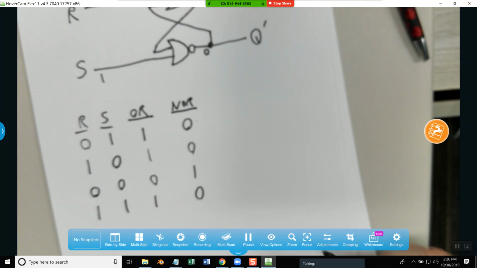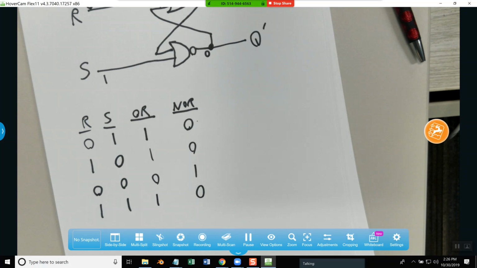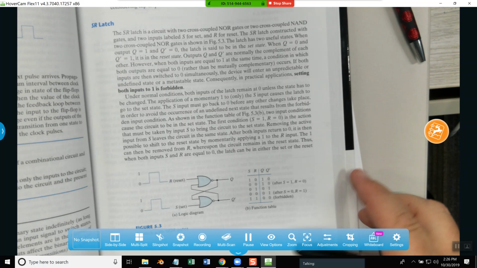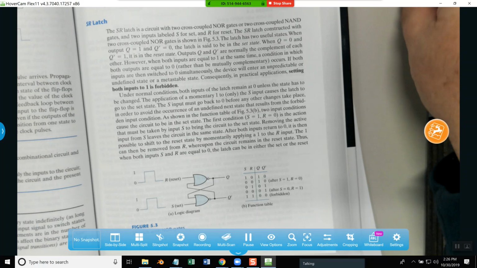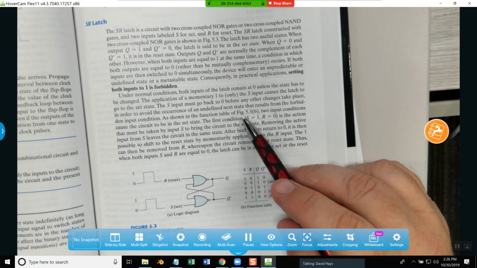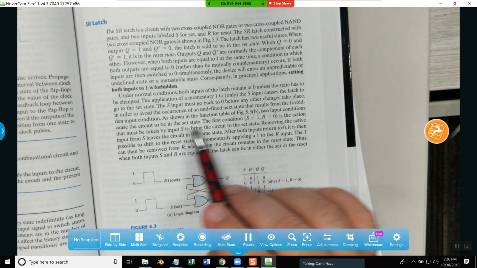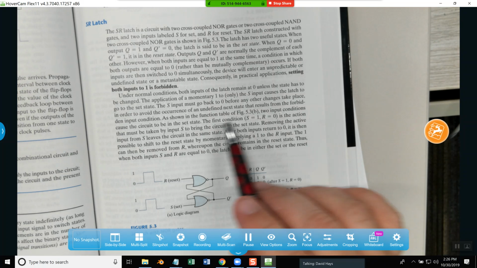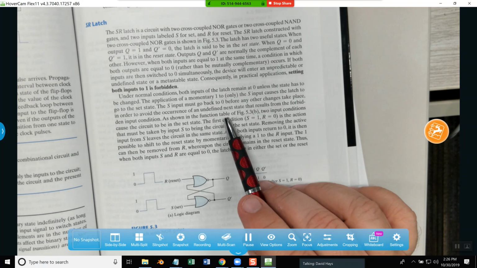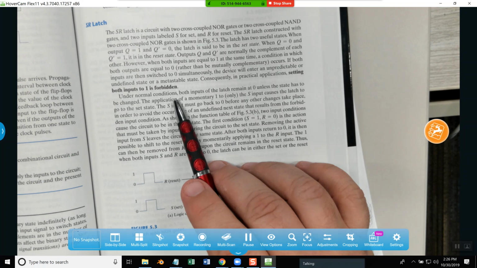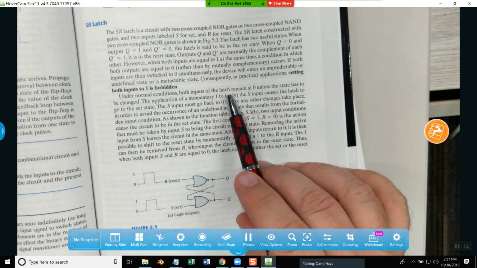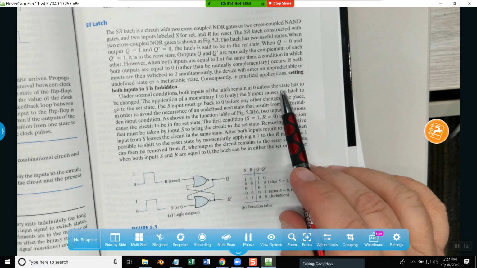Okay, so this talks about showing the function table. Under normal conditions, both inputs of the latch remain zero until the state has to be changed. The application of a momentary one to only the S input causes the latch to go to the set state. That's a state here.